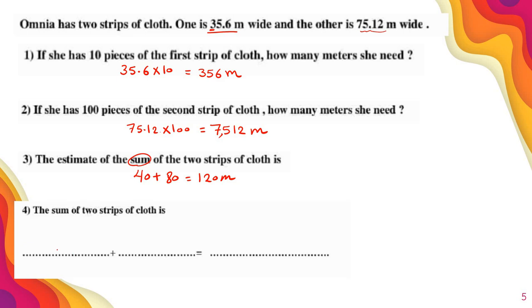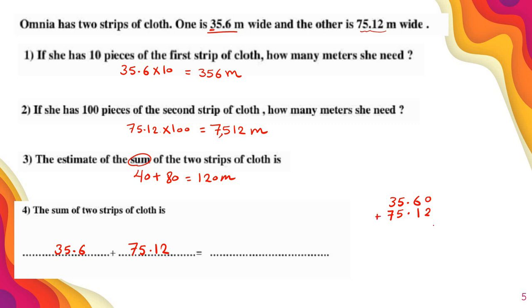So I will add 35.6, which is the first type, and the second type, which is 75.12. Let's add them together. I will make the rough work here. 35.6, line up starting from the decimal point. I will put here 5, then 7. Here I will put 1, then 2. Let's make balance by putting here 0.